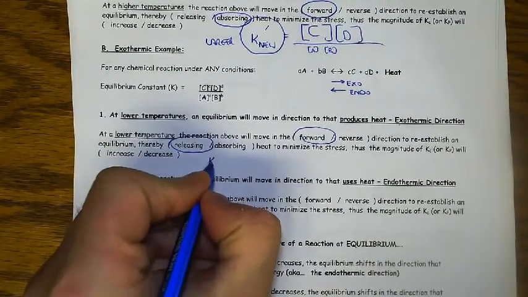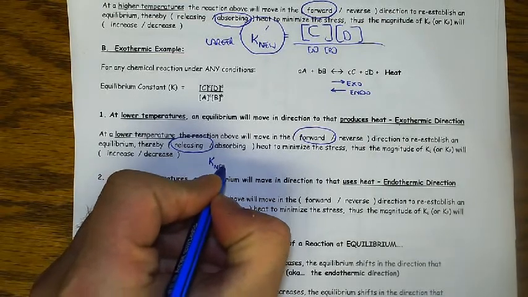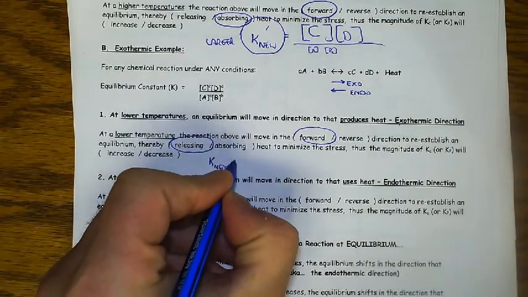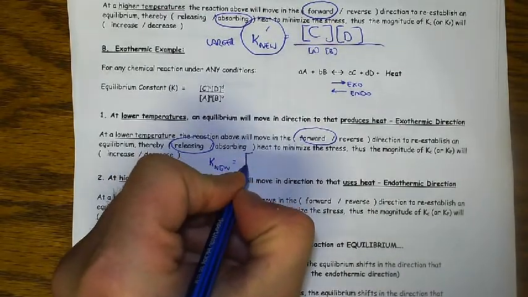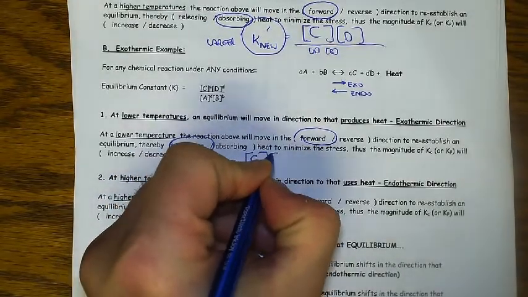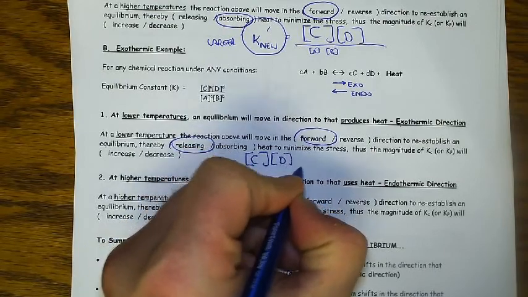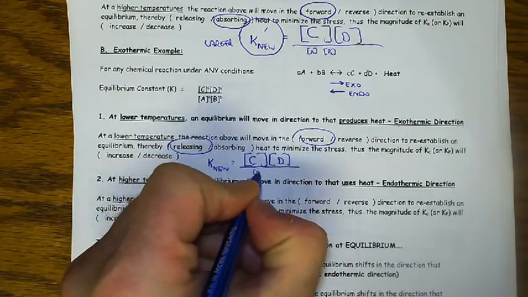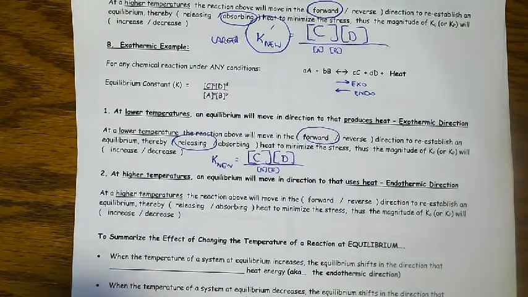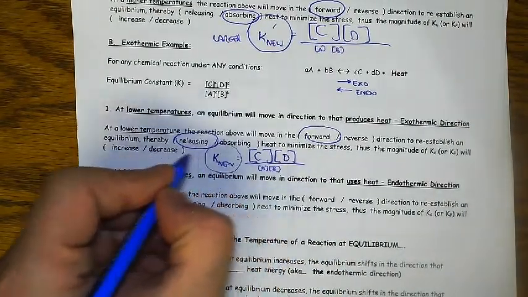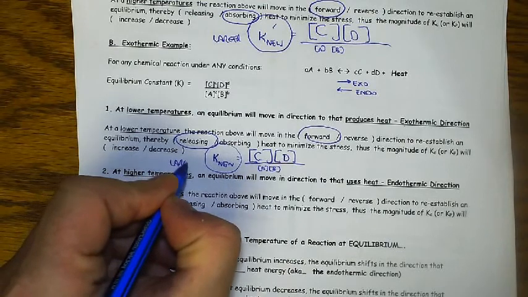And what's going to happen to our new value of K again? If it moves forward, C and D are going to go up in molarity or pressure, and A and B have to go down. And so therefore, our new K in this case would be larger.